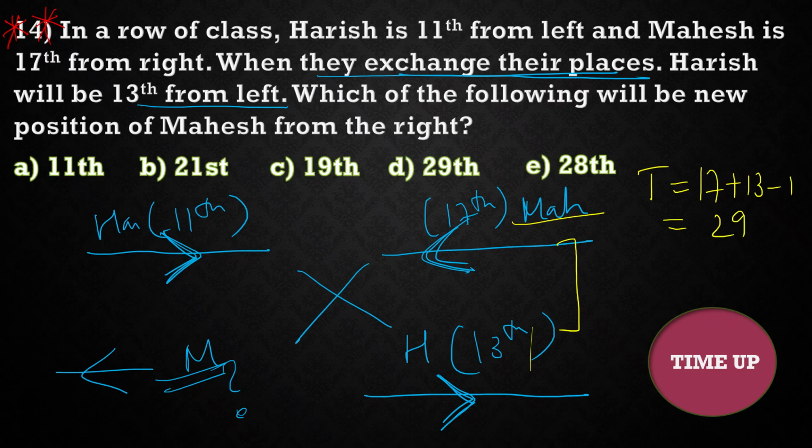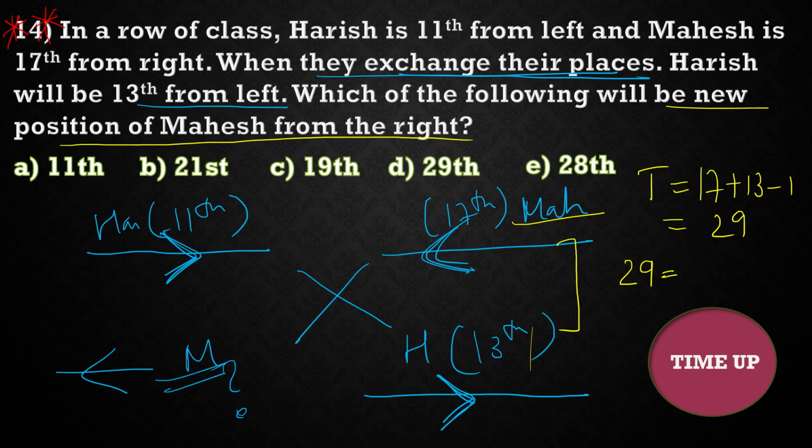So you got this as the total. But they have asked what is the new position of Mahesh from the right. Same thing, 29 is the total, correct? So 11.